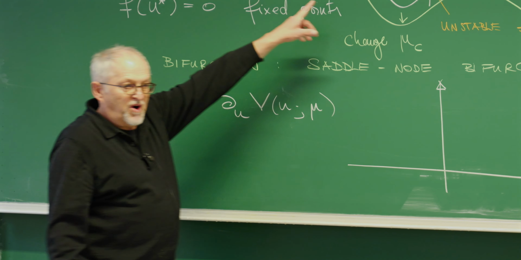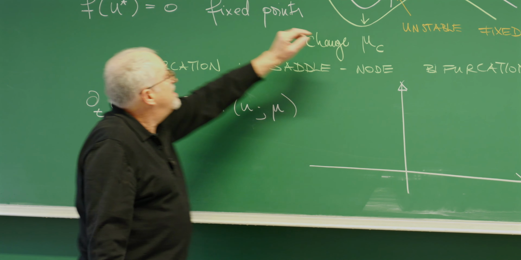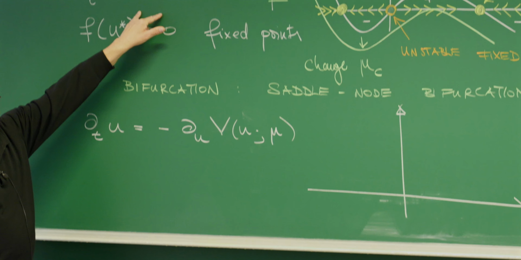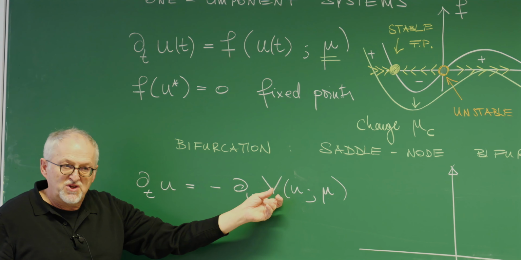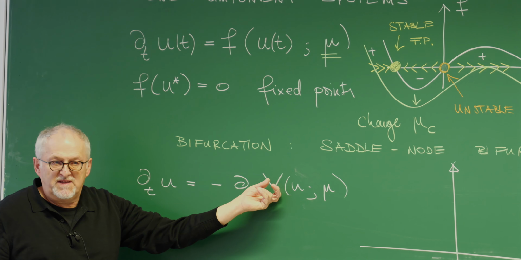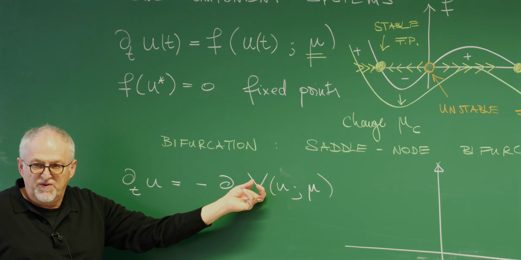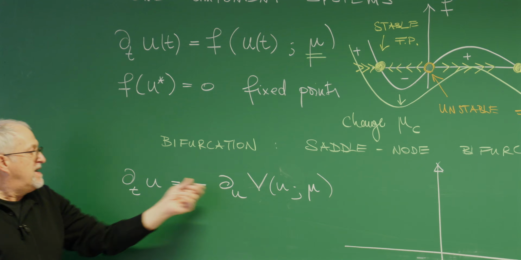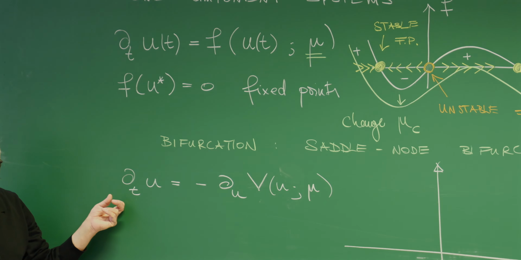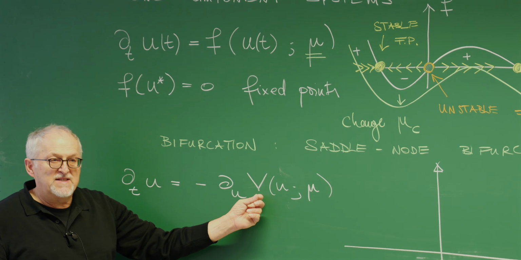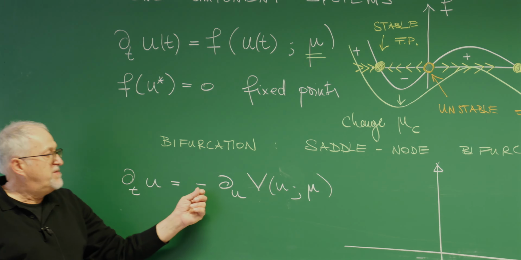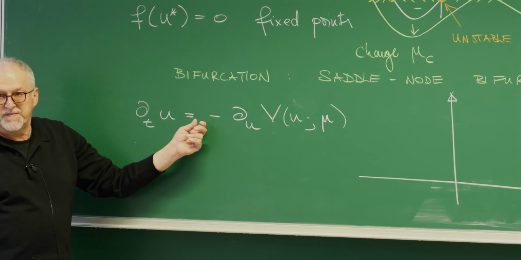And so instead of drawing the function and looking at this as an ODE problem, I imagine there is a potential landscape, like the free energy landscape that we had in the first half of the lecture, and the time evolution of the system is downhill on that landscape V, because I have here a minus sign.